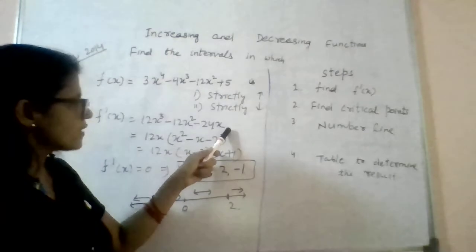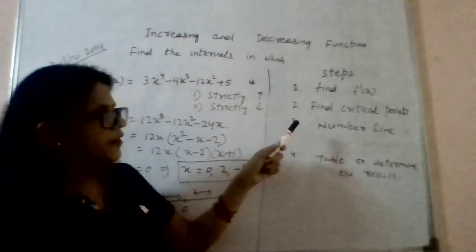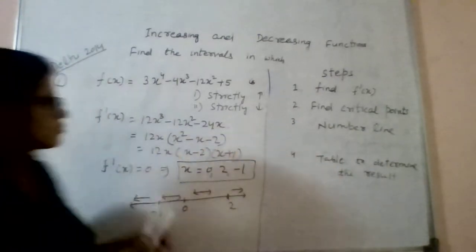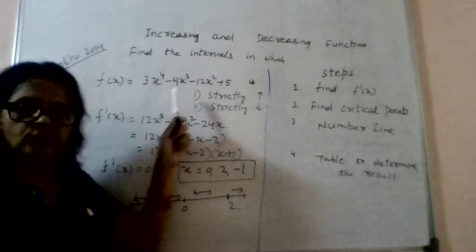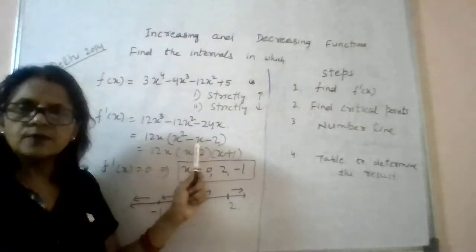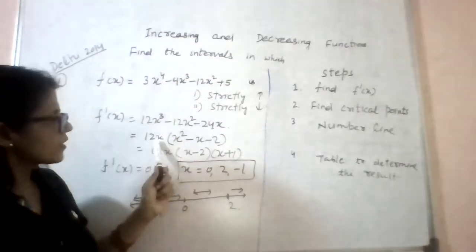After getting f dash x, the next step is to find the critical points. Before getting the critical points, in case of a polynomial function, we write it in a simpler version. 12x can be taken common.